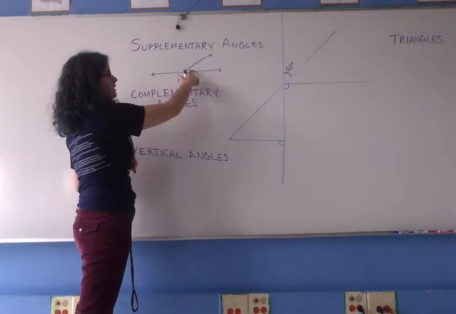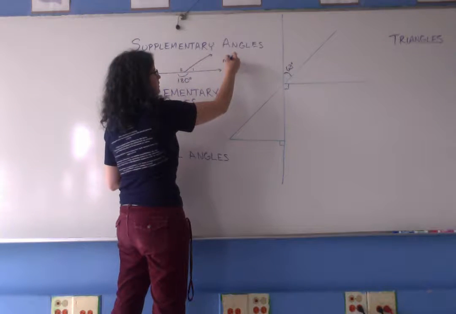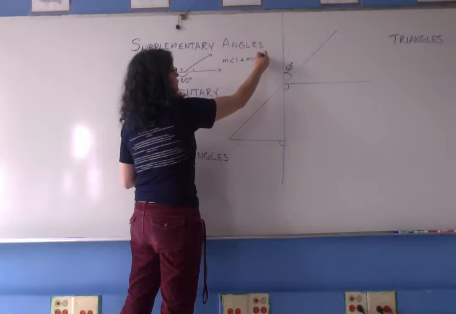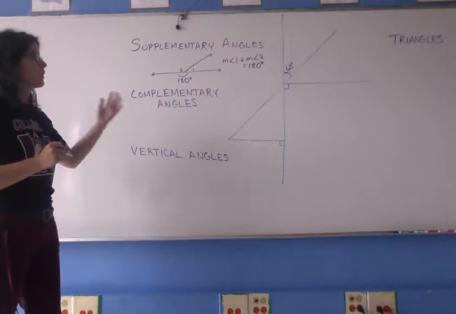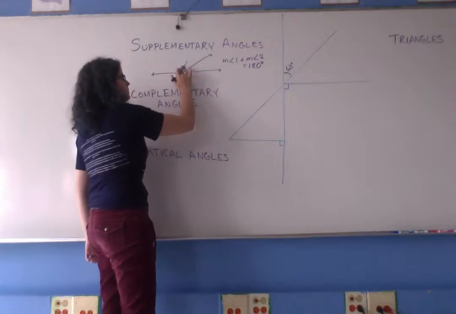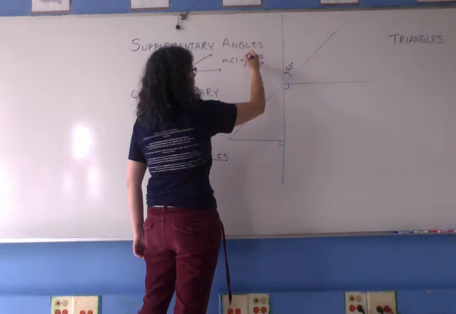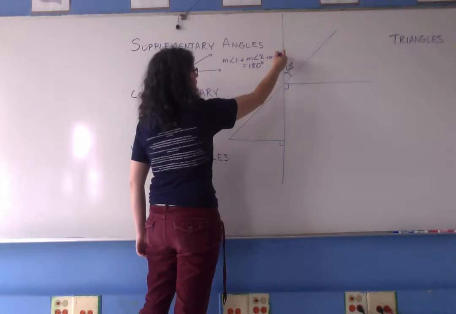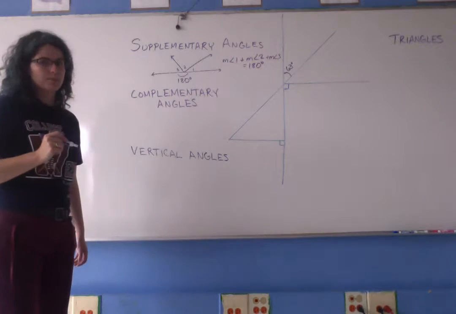And I could say this angle plus this angle, measure of angle 1 plus measure of angle 2 equals 180 degrees. But I don't have to stop at 2. It could be split up in other ways as well. It could be split up into 3, where I have measure of angle 1 plus measure of angle 2 plus measure of angle 3 all together are going to equal 180 degrees.